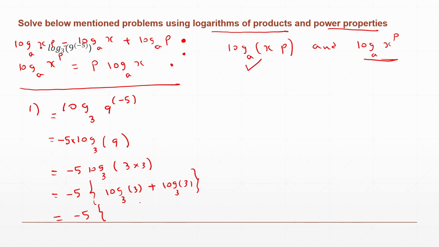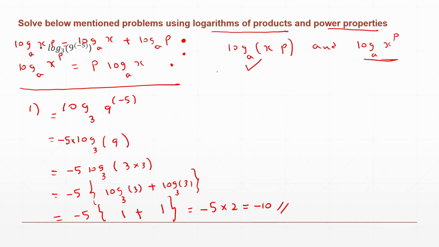What is the value here? Log base 3 of 3 is 1, and here also log 3 of 3 is 1. So we will get minus 5 multiplied by 2. What is the final value? Minus 10. Now you have found the answer for example number 1.